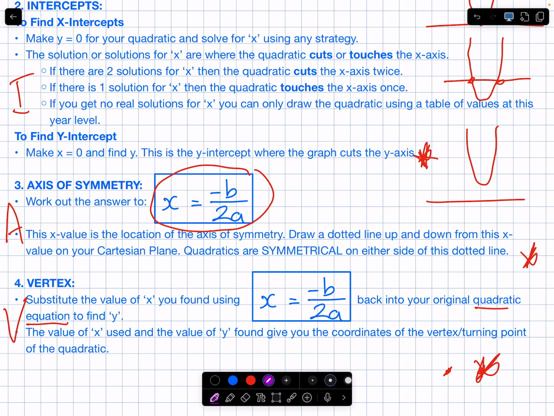Just a little bit? Where are you up to? Still up to 3. Can you just work out the answer to x is equal to negative b on 2a, and then I'll demonstrate it, and then I'll scroll back up after.